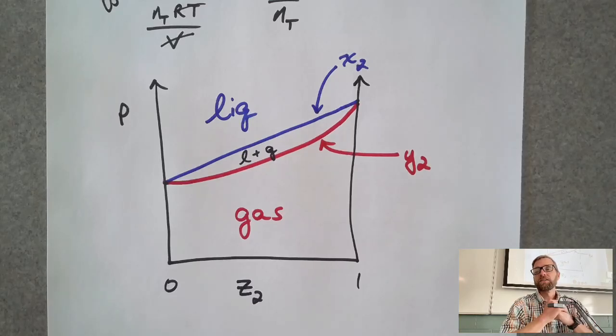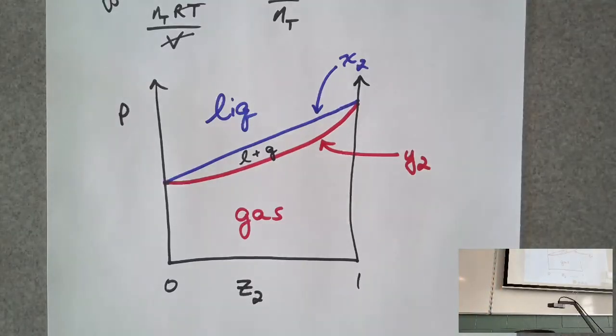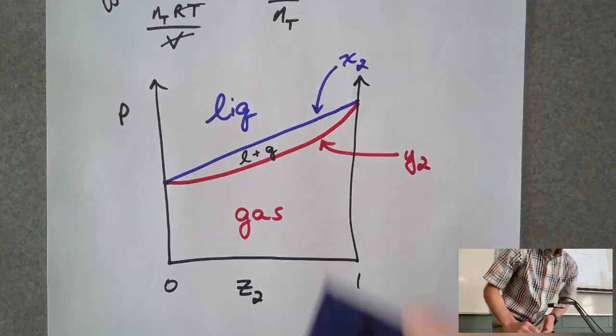The lines on the pressure temperature phase diagram turn into space on the volume temperature phase diagram. You've got your little dome region. Here, let's let Liesl see it too.